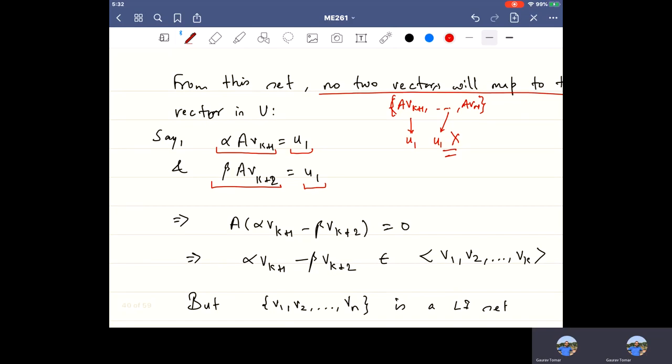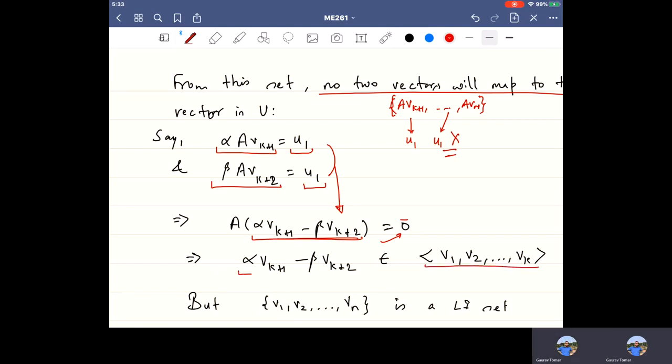So now we can write these two equations, subtract them, and that will reduce to this one single equation, which is A of alpha times v k plus 1 minus beta times v k plus 2 equal to 0. Now we know that if this vector is getting mapped to 0, then this vector must belong to the kernel space, right?